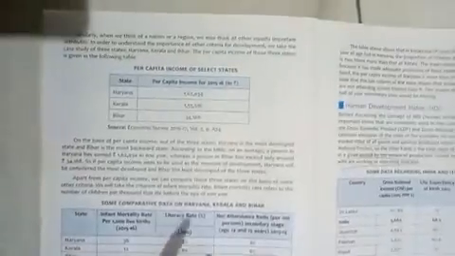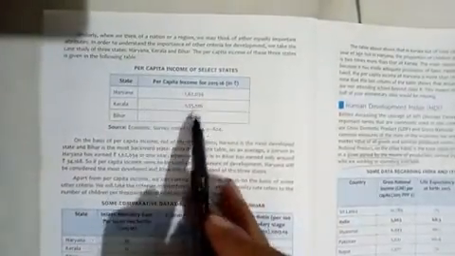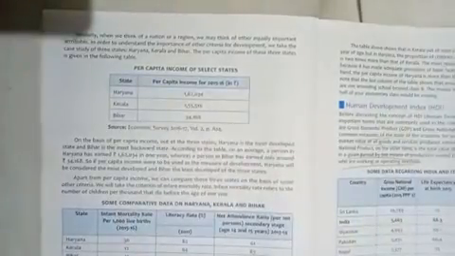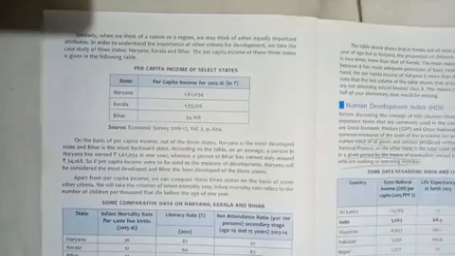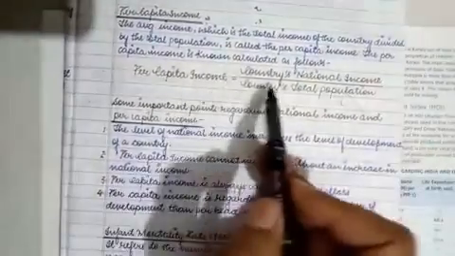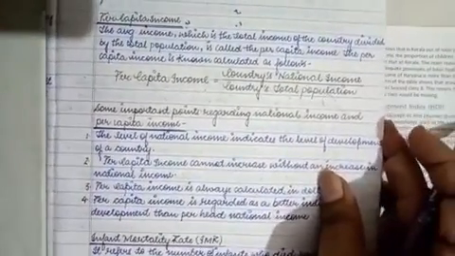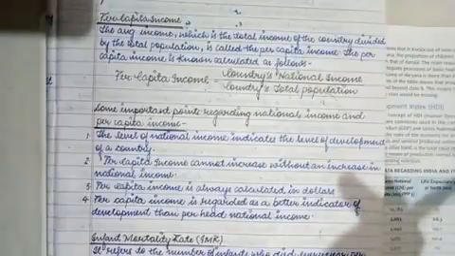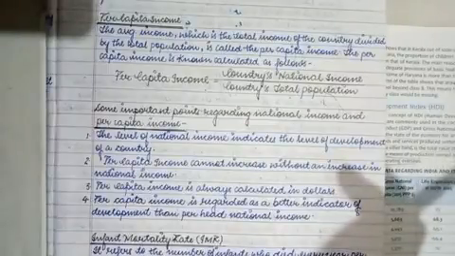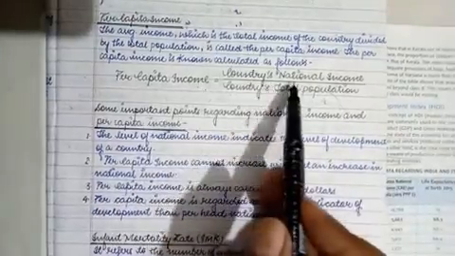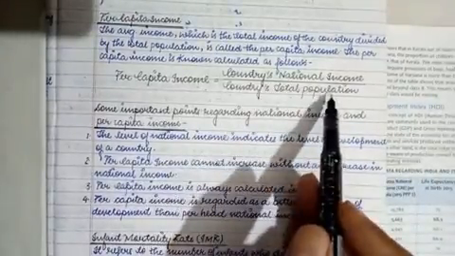Now come to page number 428. Here the per capita income of selected states is given. I have discussed the per capita income of a country. So here the per capita income of a state is given. What will you do in the per capita income topic? Per capita income is the country's national income divided by the country's total population.